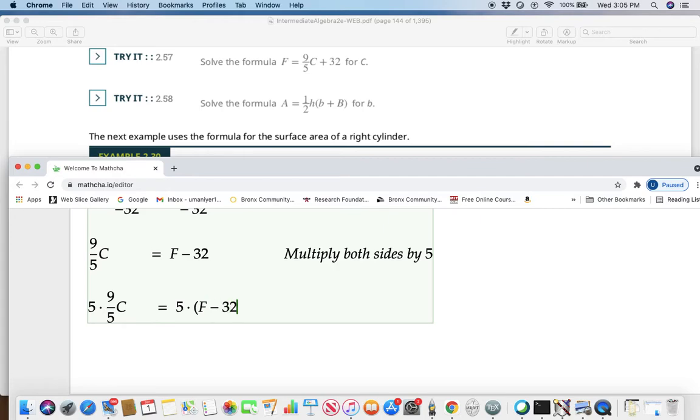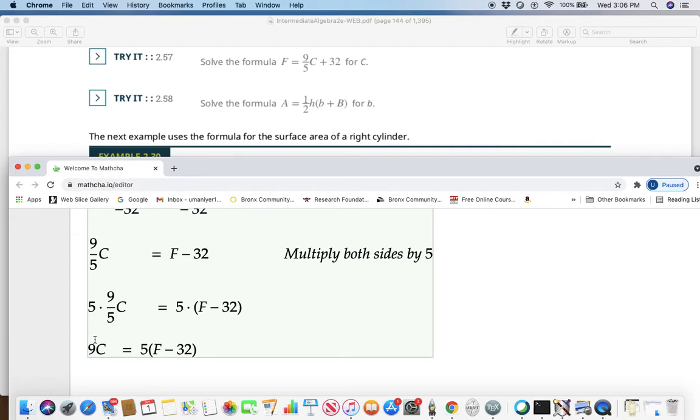So write this side in parentheses, then you know you're multiplying 5 to the entire side. The whole point of multiplication is that these two get cancelled and you're left with 9C equals all of this, 5 times F minus 32.